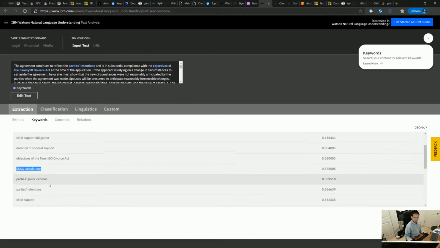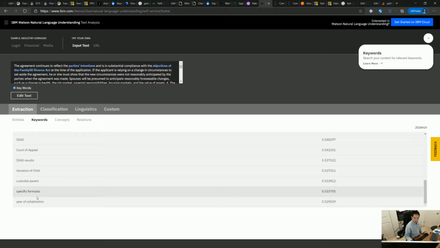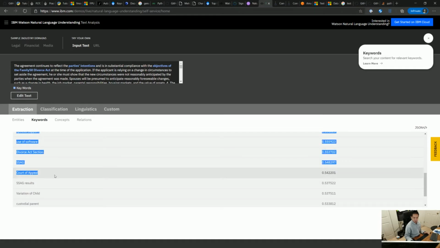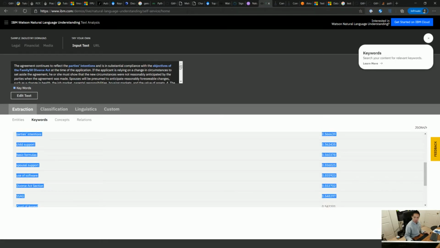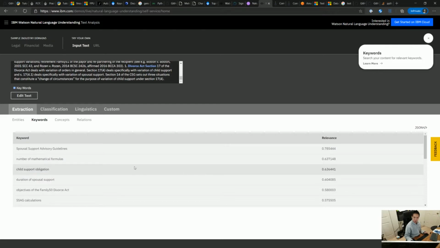SSAG calculations, yes. And then as the relevance goes down, it's not as good. Year of cohabitation, that's useful, but specific formulas, that's not useful. Court of Appeal, that's not helpful. But again, for such a short piece of text, I am very, very happy with how IBM Watson did this.